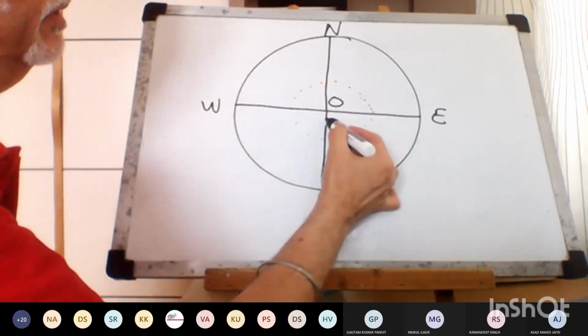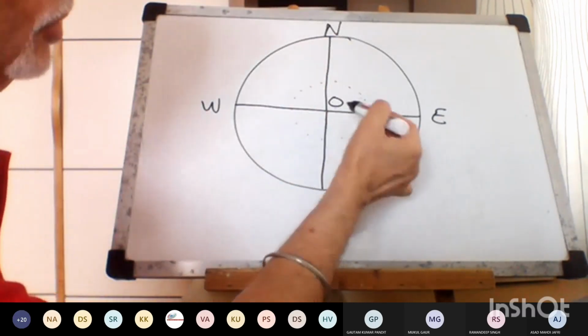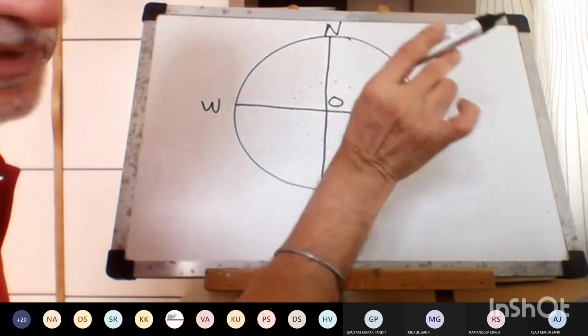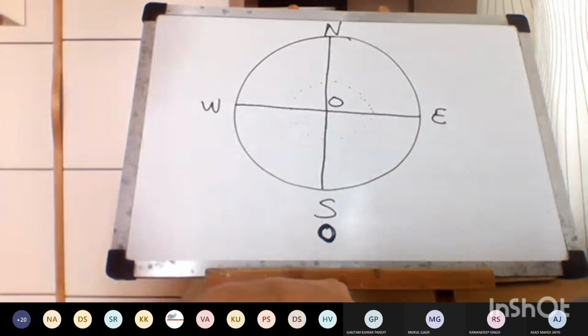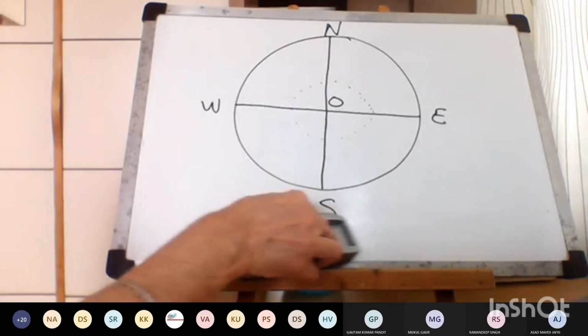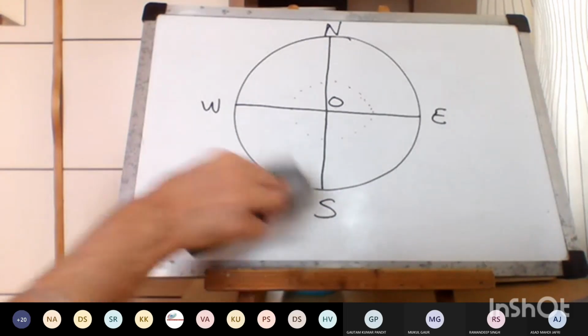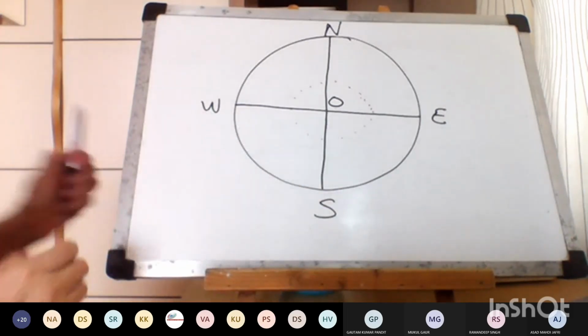Let us say the observer is here. Wherever the observer is, there will be a north and there will be a south. There is no doubt about that one. And the body will rise in the east, the body will set in the west.